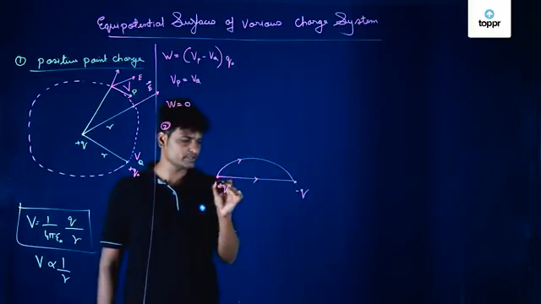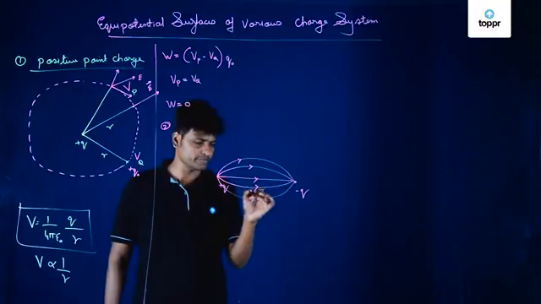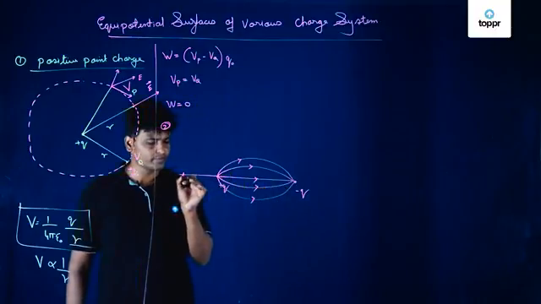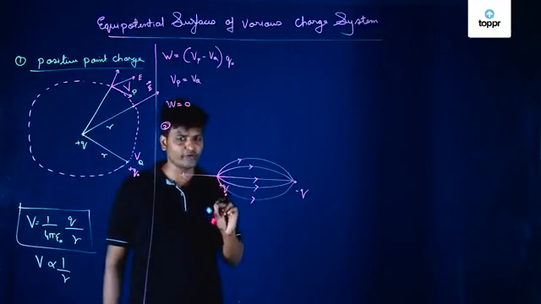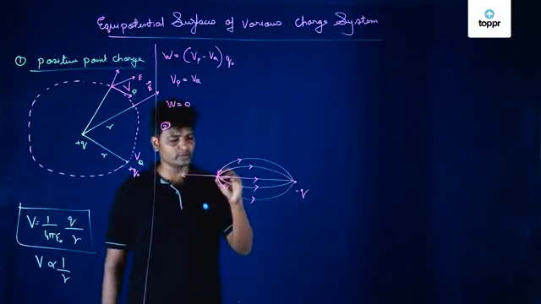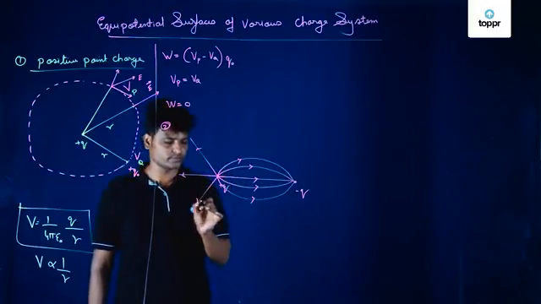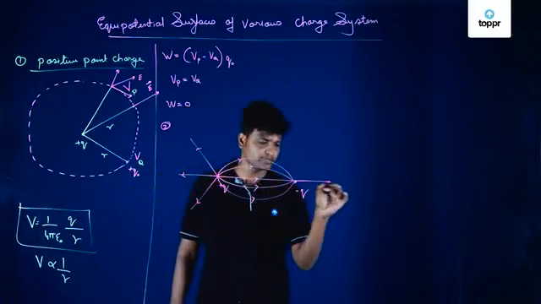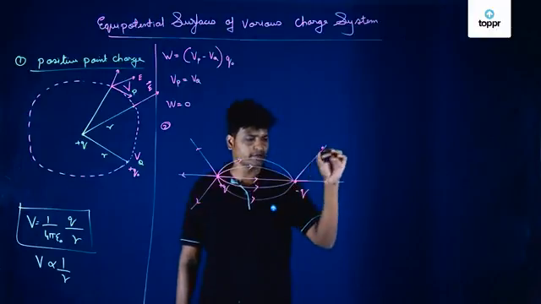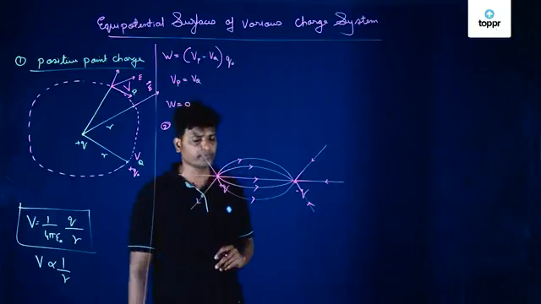Electric field lines always originate from the positive charge, whereas at the negative charge, electric field lines always terminate inside the negative charge.